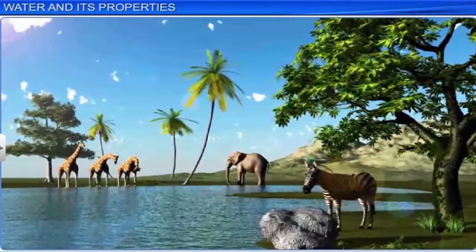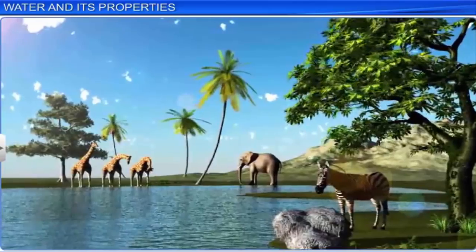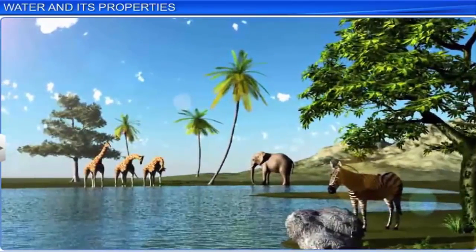These properties allow water to play a key role in the biosphere. Its high heat of vaporization and high heat capacities are responsible for the moderation of the climate and the body temperature of all living beings.